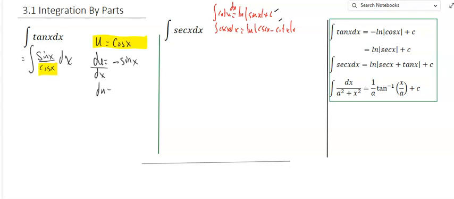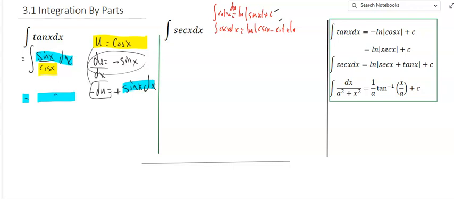And if you cross multiply, and of course, we end up skipping that step, jumping straight to this, I notice that this I can replace with a negative du, and u was cosine of x.